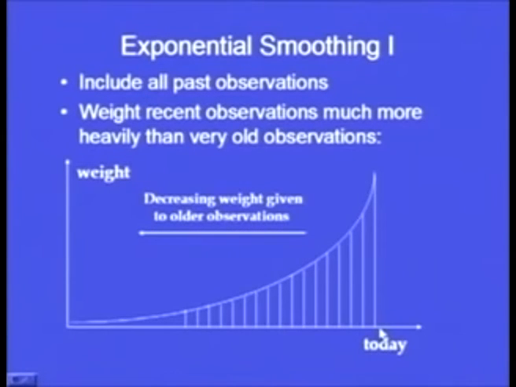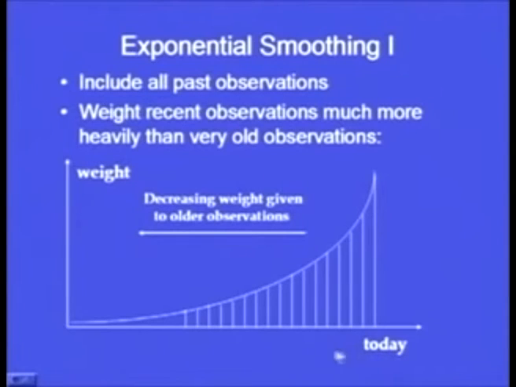So this is today. Now we want to forecast for the next day or for the next week or for the next month. So we are moving in this direction. Suppose we want to forecast for this day. So this data we are giving more weight, and as we move away from the day for which we are forecasting, we are giving lesser and lesser weights. So decreasing weight given to older observations.